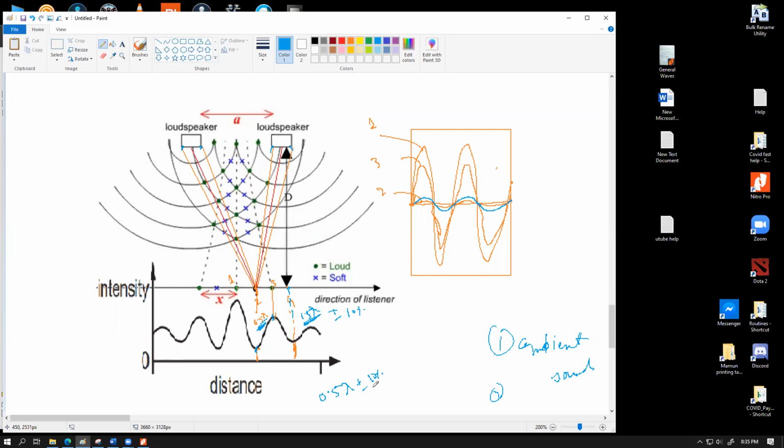So you didn't get perfect destructive interference. But for the second destructive point, this amount of plus minus variation for 10% of 1.5 lambda is going to be even bigger compared to the difference over here. So if you think of the absolute value, this is 0.5 lambda for the first destructive point plus minus something, and here for the second destructive point, 1.5 lambda plus minus something. This is supposed to be bigger compared to this one, right?